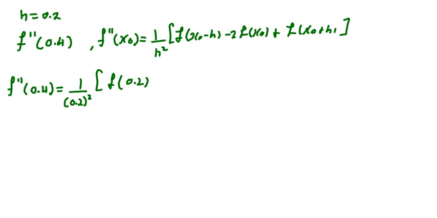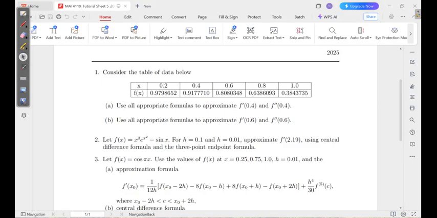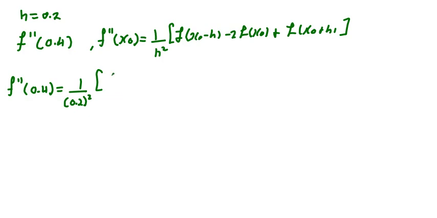Remember that your f of 0.2 has already been given in the data, which is 0.9798652. So I'll just write it here. It will be 0.9798652 minus 2 open bracket, f of x naught, which is 0.4.